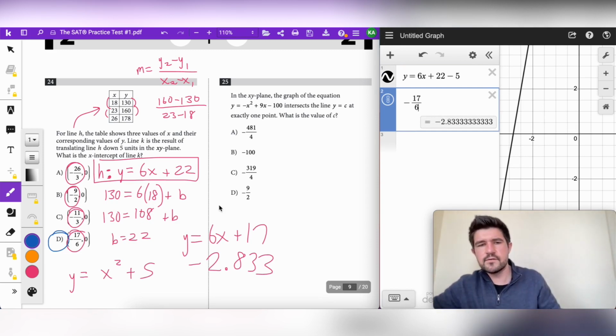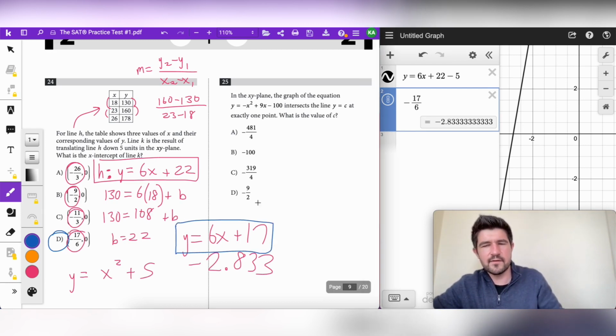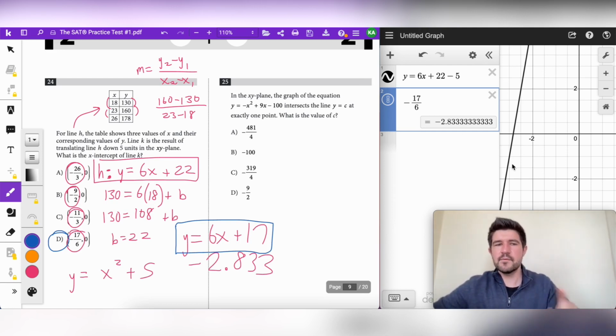The other way that you could do it, just at the very end here, once we got the equation, if you didn't think to look on Desmos, which would be pretty silly, but if you didn't think to look there for the intercept, anytime you want to find an x-intercept, all you have to do is plug in 0 for y. Notice that all of the x-intercepts in the answers have x or y values of 0.